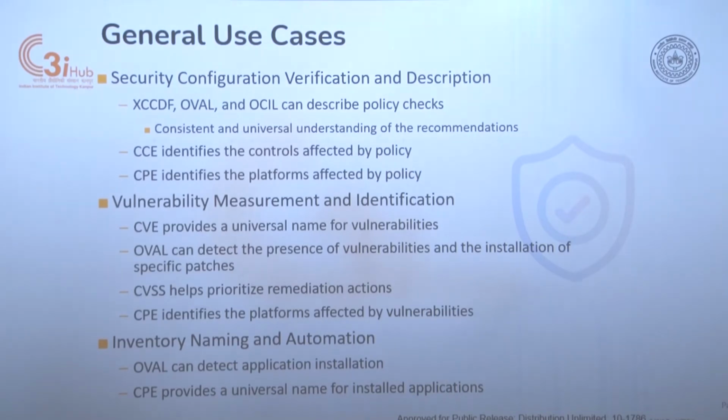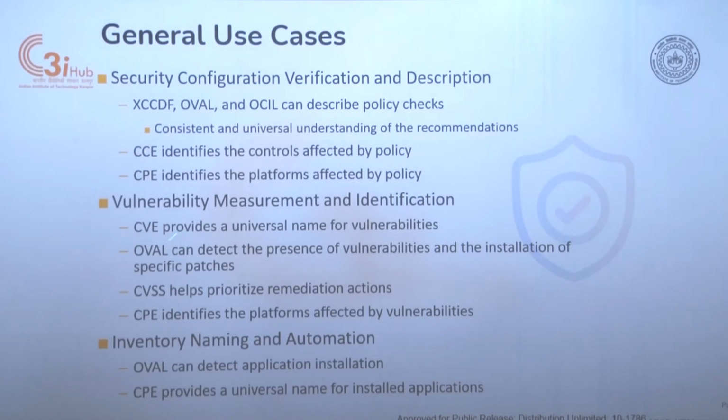You also have XCCDF, OVAL and OCIL, for universal understanding of recommended practices, CCE for identifying controls affected by policy, CPE to identify platforms affected by policy, and then vulnerability measurement and identification.